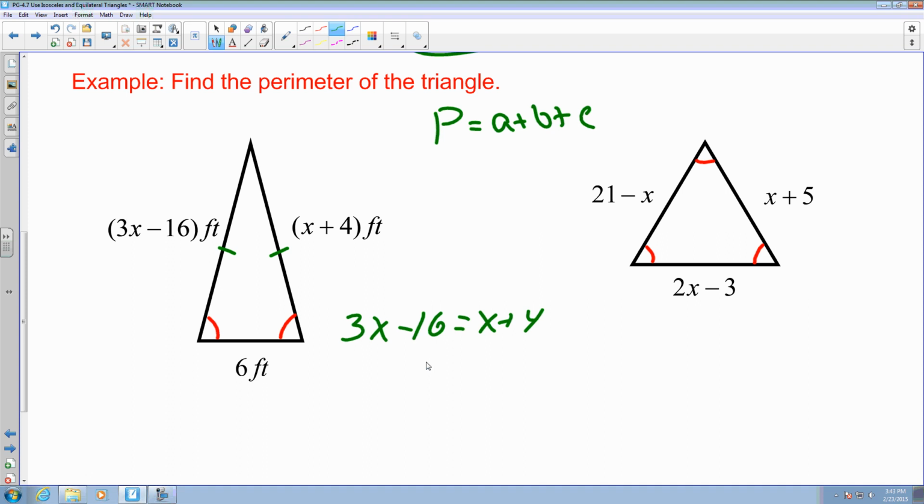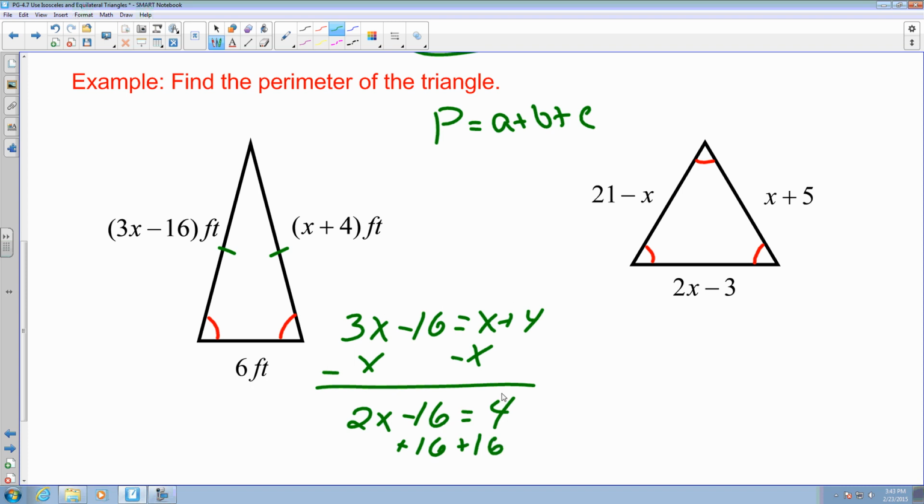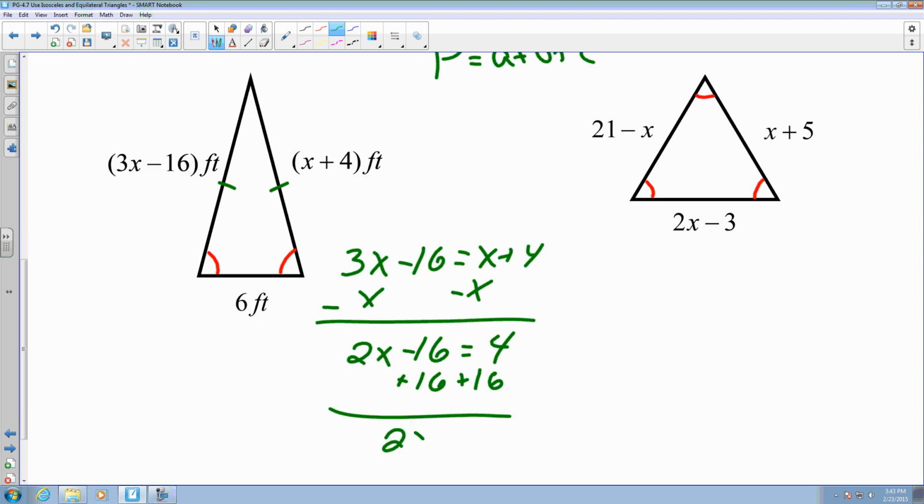and solve for x. So I'm going to subtract x from both sides. I get 2x minus 16 equals 4. Add 16 to both sides, and I get 2x equals 20, dividing everything by 2, x equals 10. But that's not what they're asking for. They're not asking for the value for x. They wanted the perimeter.